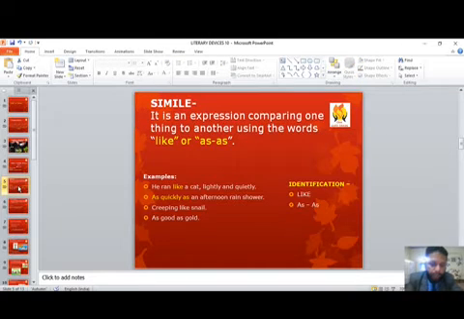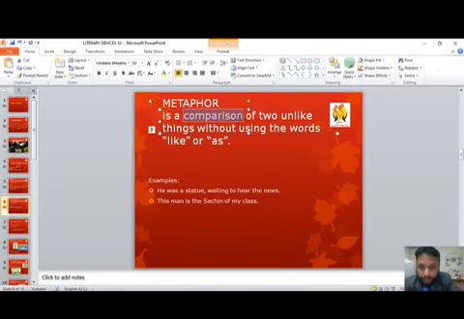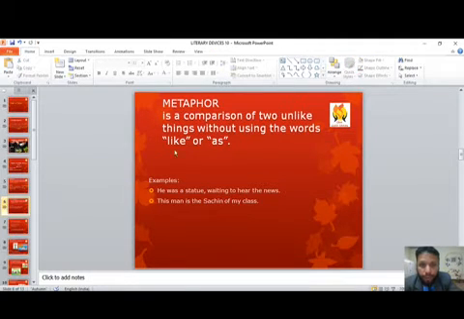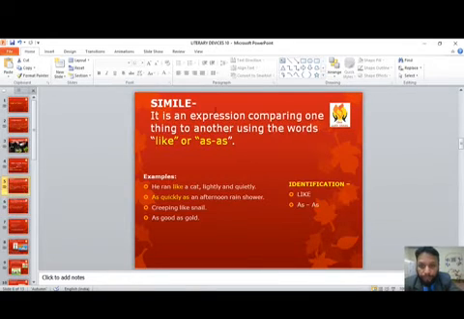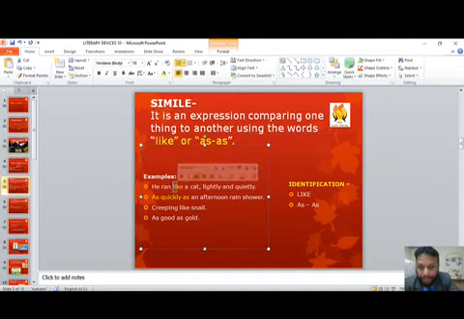So let us move forward. The next one is metaphor. Metaphor is also again a comparison. This is another way of comparison of two things without using the word like or as. See, the previous one, simile, was also a comparison between two things with the help of like and as.